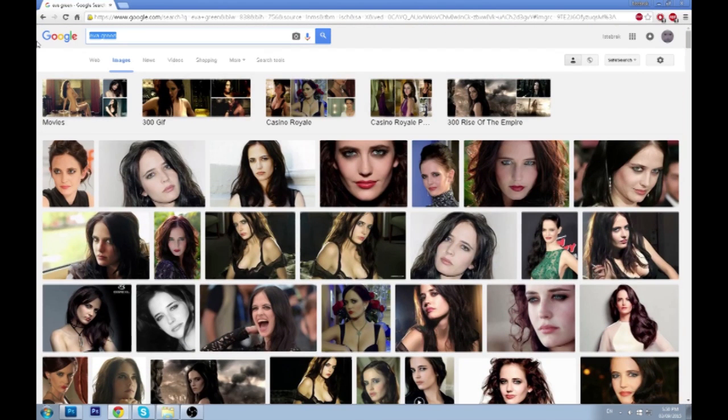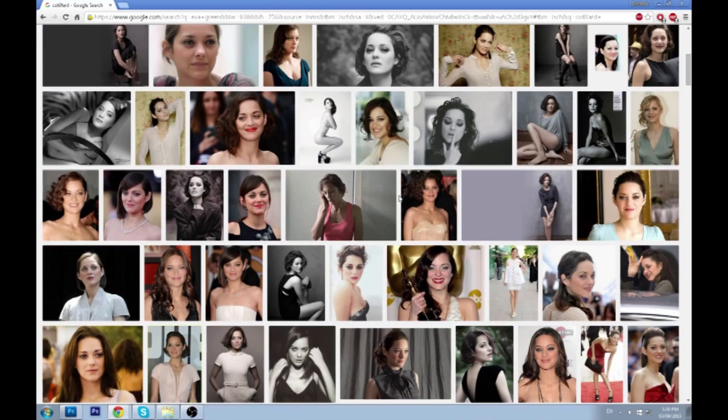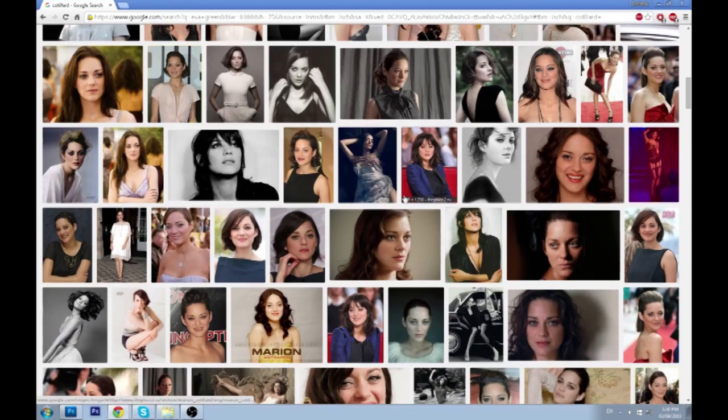But let's say, which actress has like a massive arch in her eyebrows? Cotillard. She doesn't have that much of an arch. They don't really like expressing themselves in these diva shots. If you catch them in movies, you'll see moments where they really take advantage of the arch in the eyebrows.